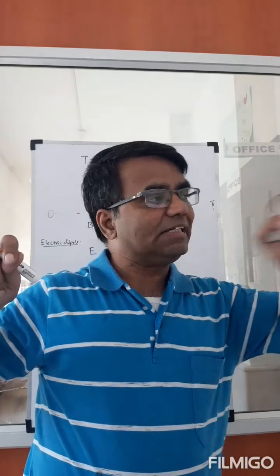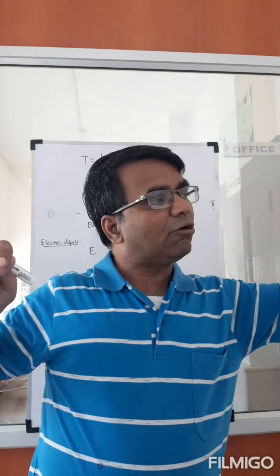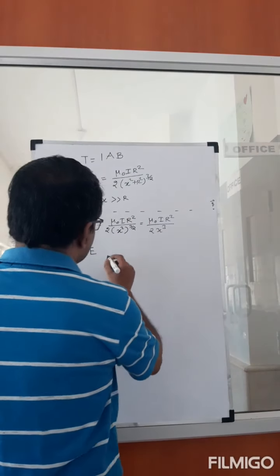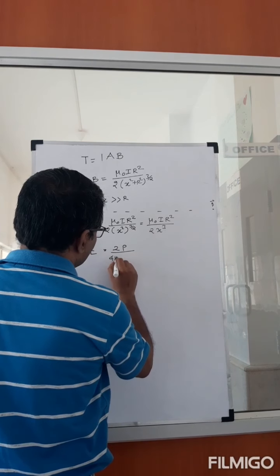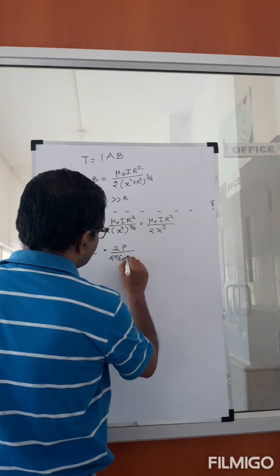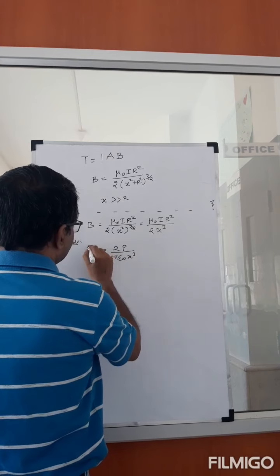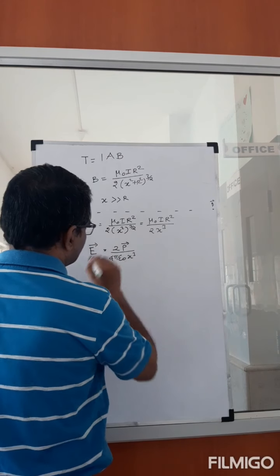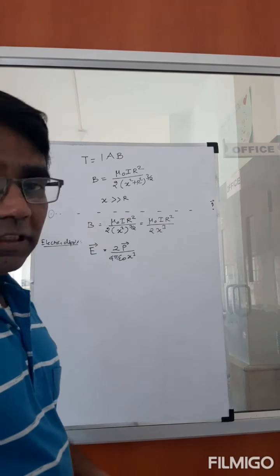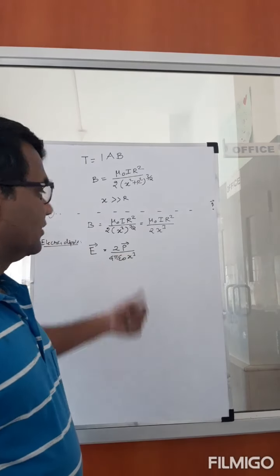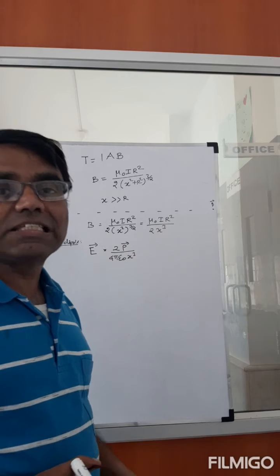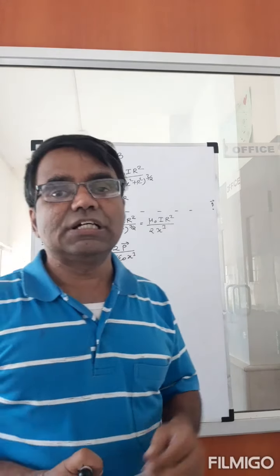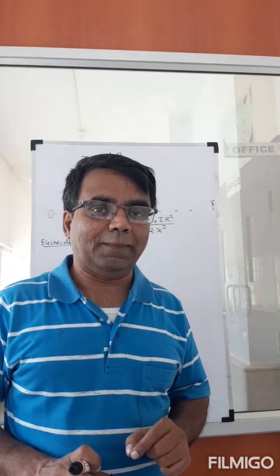Then you are finding E along the axis of this dipole. This was given by this expression 2p by 4 pi epsilon naught x cube. Well, if we add the vector notation to that, this is what we got. And here P is called the electric dipole moment.